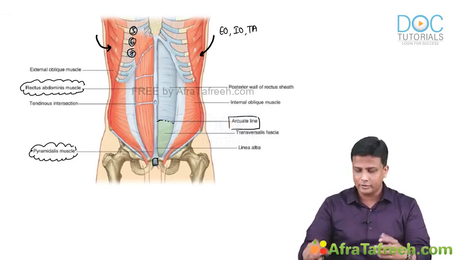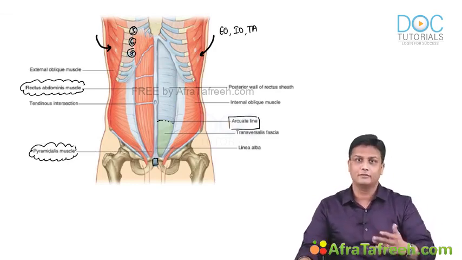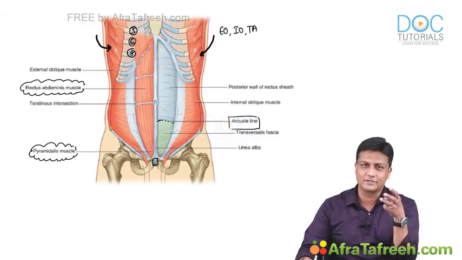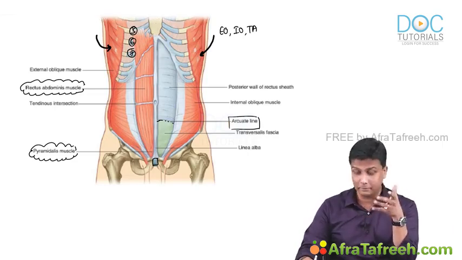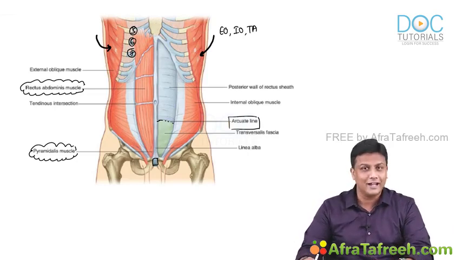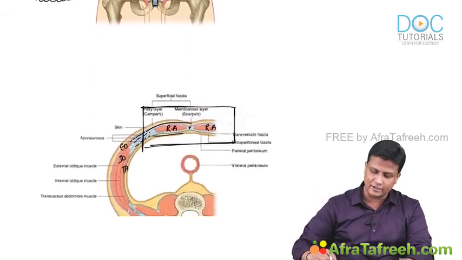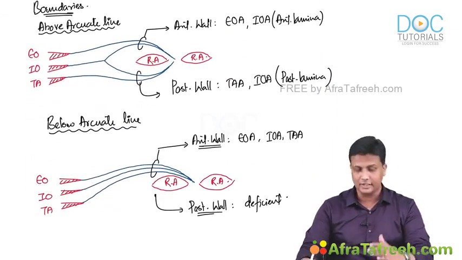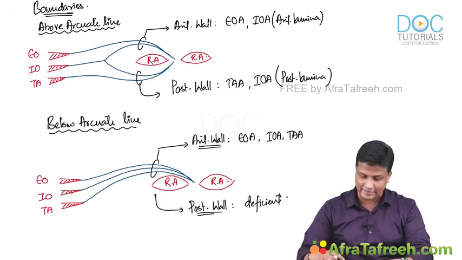Now why are we not able to see any aponeurosis below that? Because below the arcuate line, all the three aponeuroses, whether it is external oblique or internal oblique or transversus abdominis, are going in the front only. They are going anteriorly. That is the reason why behind, you are not able to find anything over there. It's deficient. Now again recall, a few minutes back we studied all the layers of the anterior abdominal wall in order.